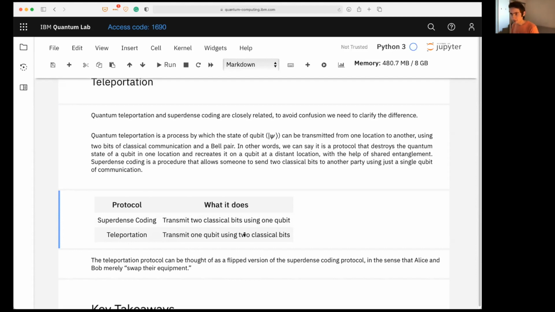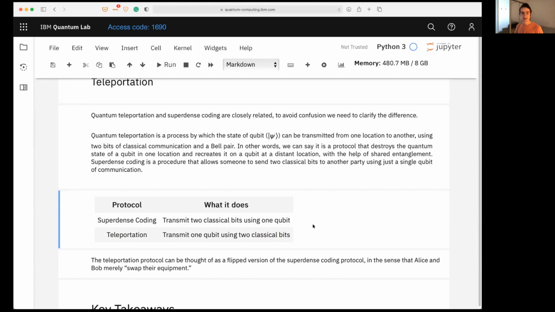Quantum teleportation is arguably more useful, and again, arguably, because all of quantum computing is still very new right now, because transmitting classical bits is usually easier than transmitting a qubit, right? Teleportation is the inverse. In superdense coding, we transmit a physical qubit to tell Bob about 2 classical bits.